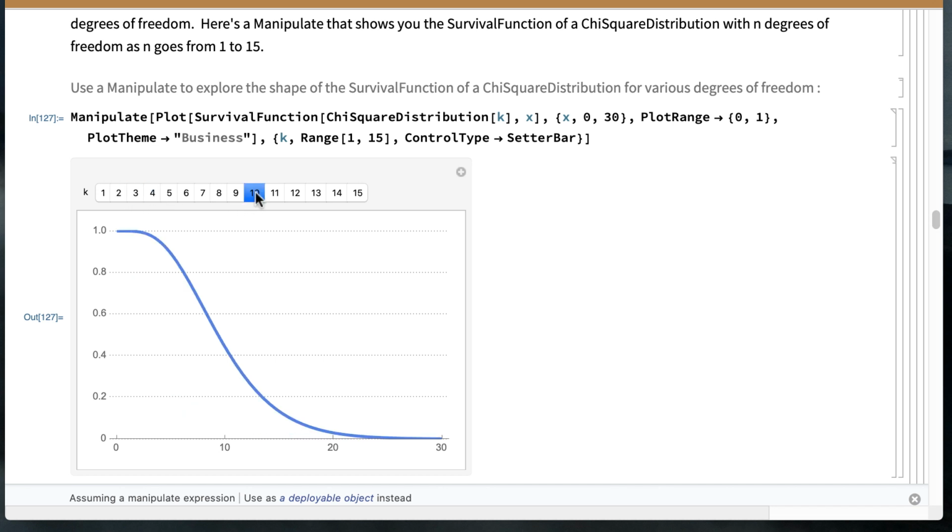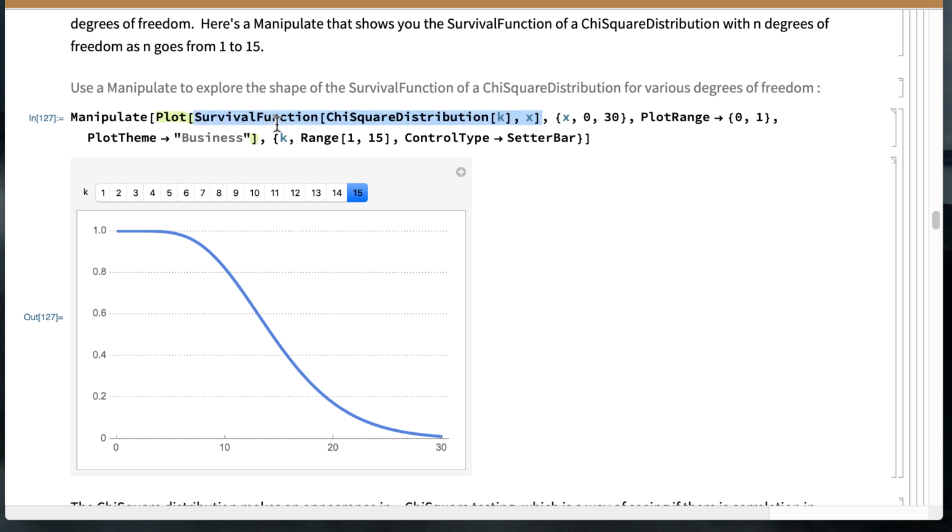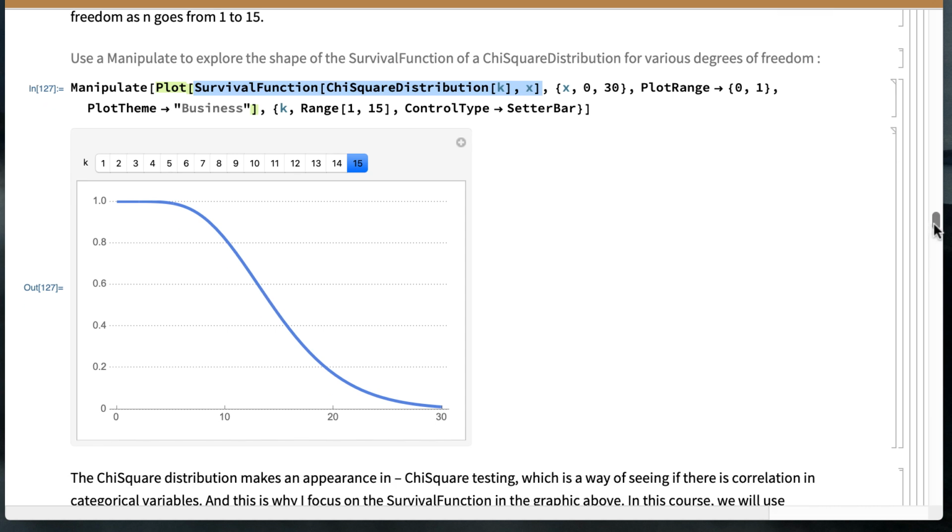Let's go out to 10, go out to 15. And so now you know what the survival function of a chi-square distribution looks like. It's going to turn out that the survival of a chi-square distribution is critical to hypothesis testing, particularly in something known as analysis of variance, or ANOVA.